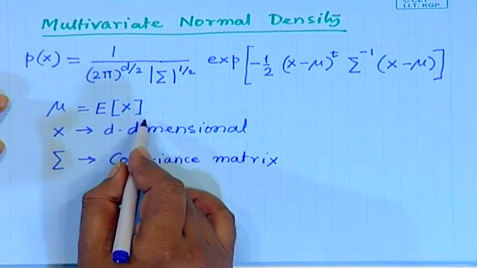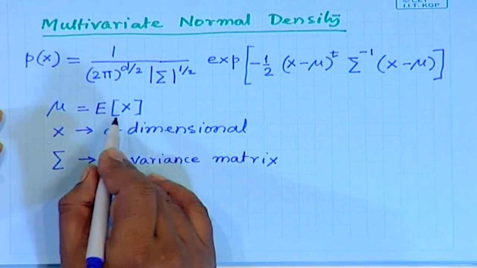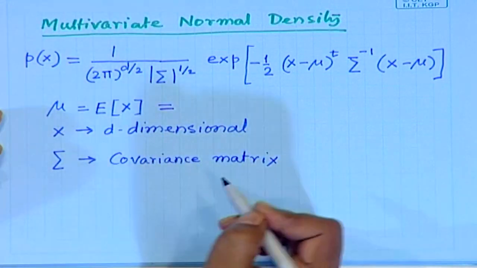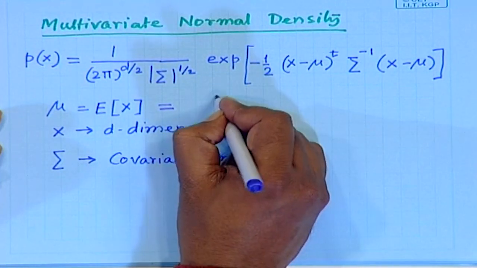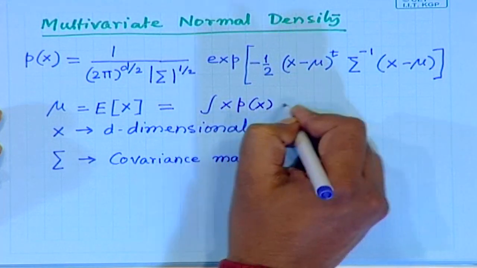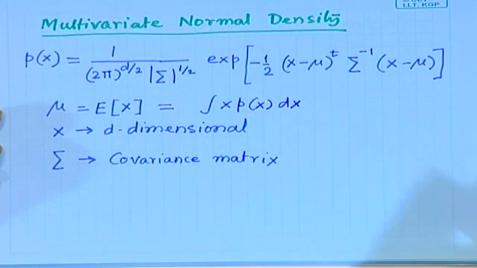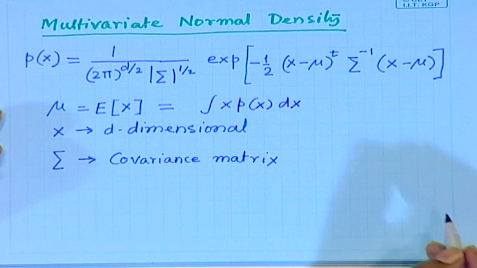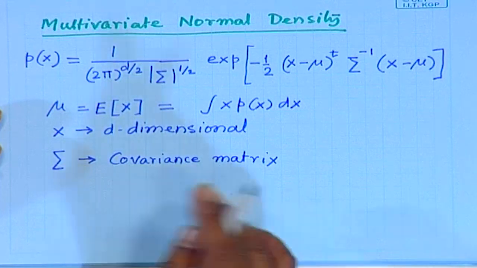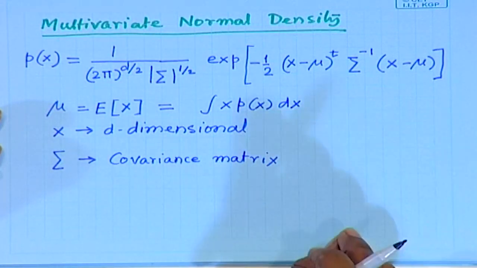So, as mu is the expectation value of x, as in the single variable case, we can write this as the integral of x p(x) dx. And this covariance matrix is the expectation value of the covariance of the different components.